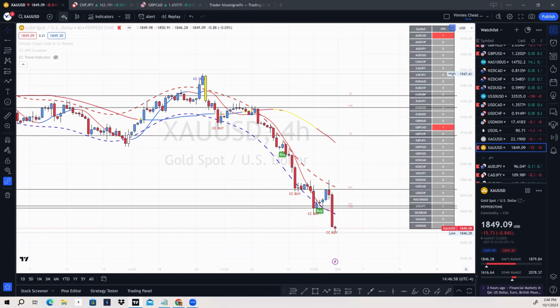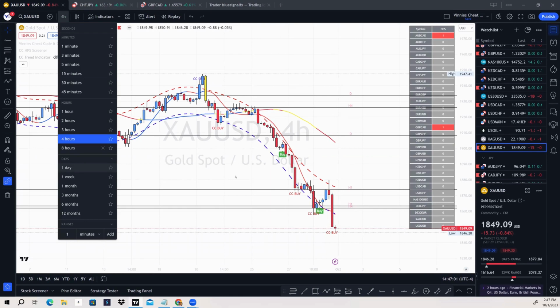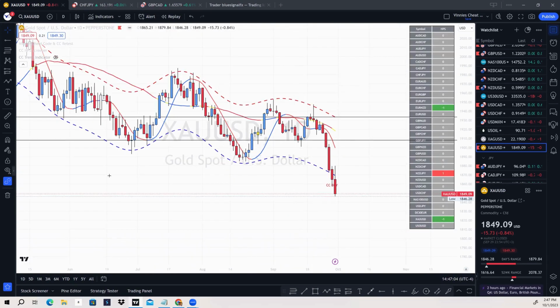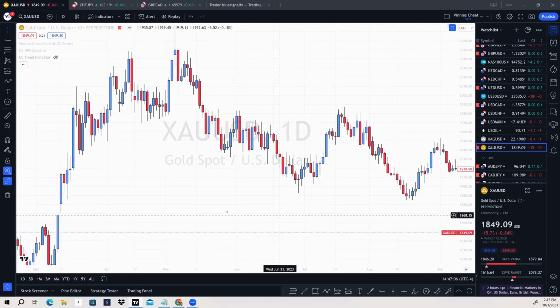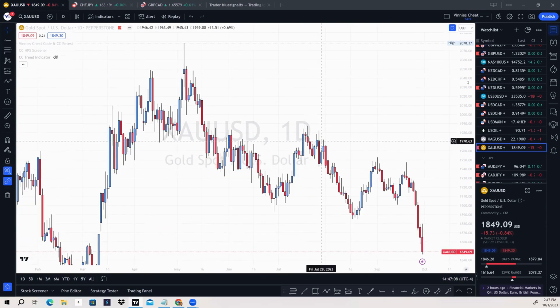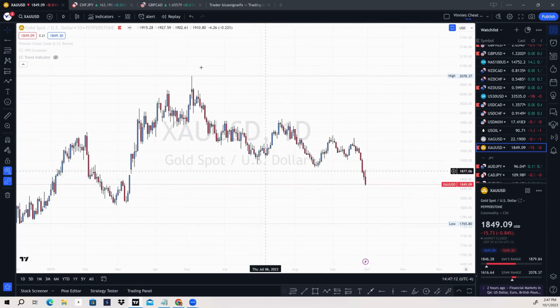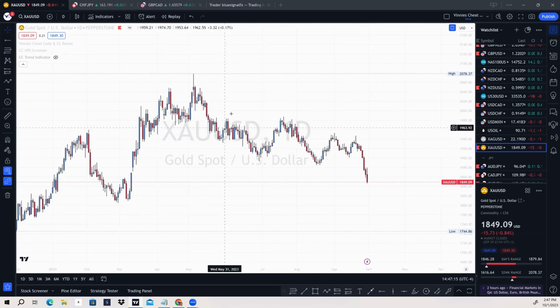Okay. So let's take a look at the daily time frame again. So if we're looking at the daily time frame, we can see that gold is bearish, right? And why is gold bearish? We have a high, we have a low, lower high, lower low, lower high, lower low, lower high. Now price has created a lower low.